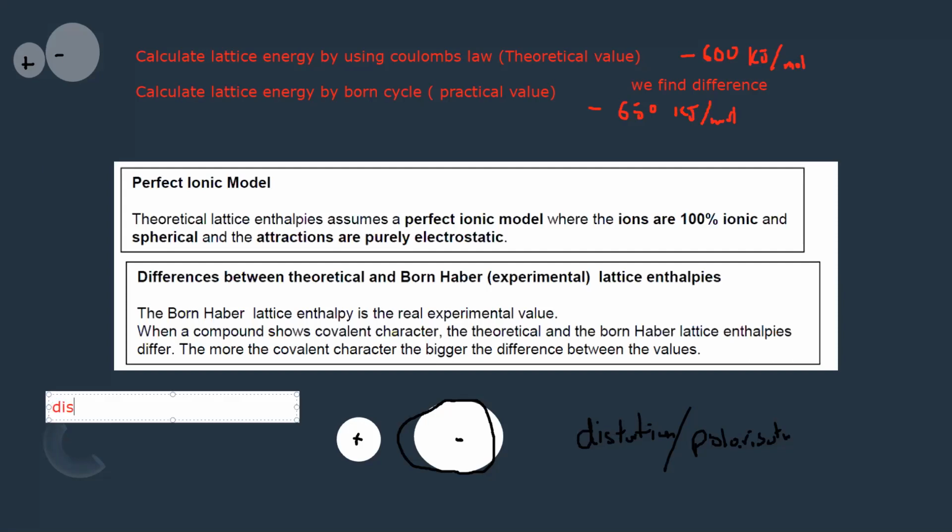The distortion depends on the size of the positive ion. To have a higher distortion, it should be smaller. It depends on the charge of the positive ion. The charge of the positive ion should be greater so that it causes more distortion.